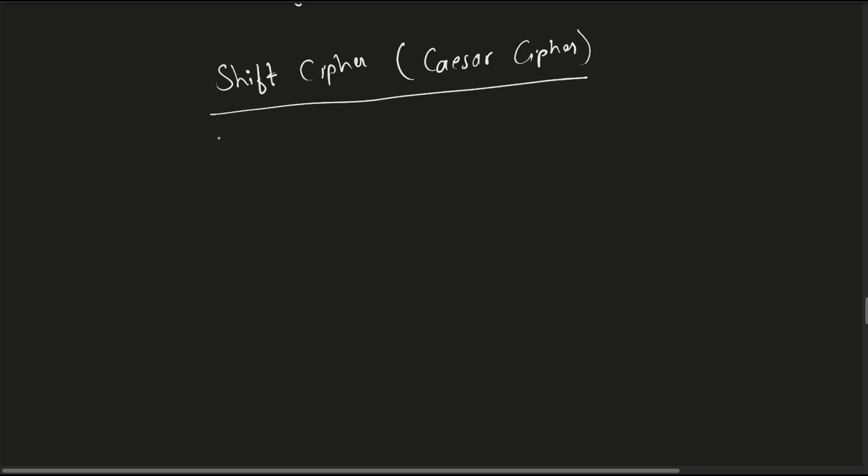For instance, if I say the shifting key is 3, then A is shifted by 3, so it becomes D. B will be E. Similarly, W would be Z, and then X will go back to A, so it will cycle back again from A. So this is the idea of shift cipher.